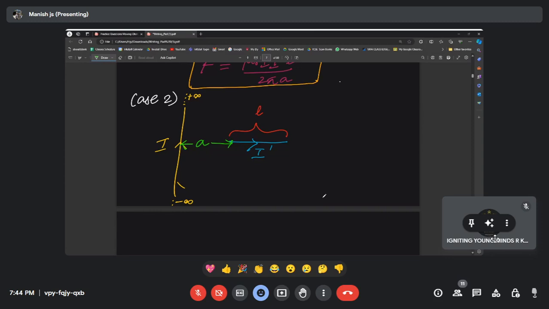If this is the case, then what is the expression for force? Whenever you have a conductor, so case 2 is, I'll just write it here so you can easily differentiate between the two.